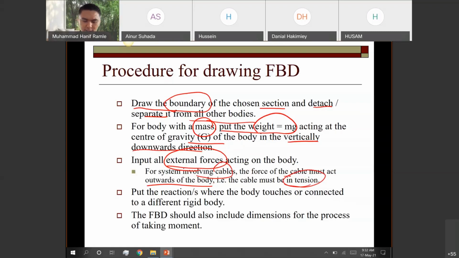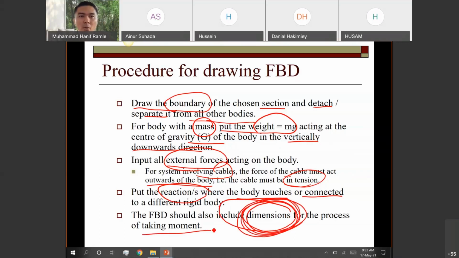And the next one, put the reactions, where the body touches or is connected with another rigid body in the system. Don't forget to put the dimensions, because we are taking the moment.